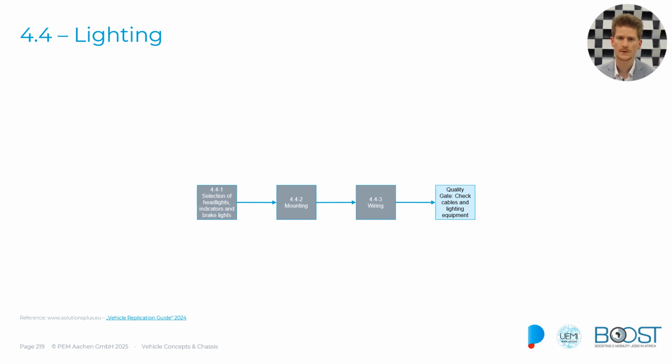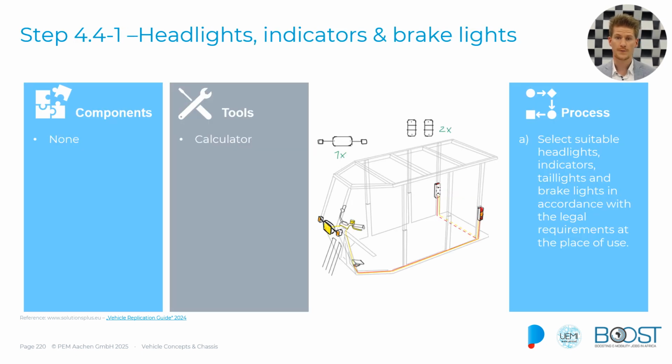So the first thing to do is that we select suitable headlights, indicators, taillights, and brake lights according to the requirements that are there. Check your current legal requirements on, for instance, the power output of these things, the number of the headlights and rear lights and brake lights and indicators, or any kind of legislation or requirements on the color of the lights.